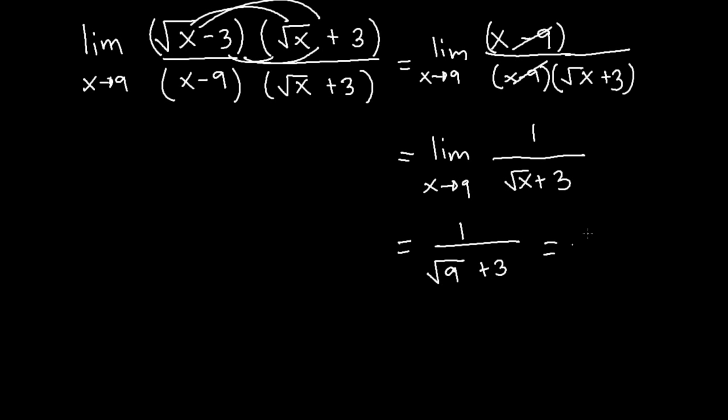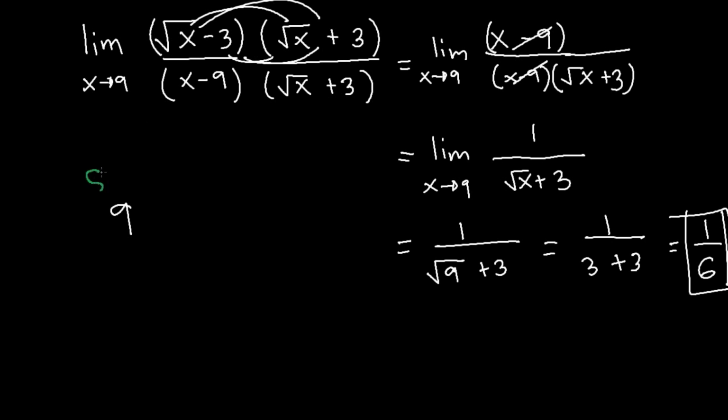Square root of 9 is 3, so 1 over 3 plus 3, that's 1 over 6. Again, in the exam, you can use that method, but you can also just approximate the value of x with its closest values. The closest values to 9 are 8.9999 or 9.0001.